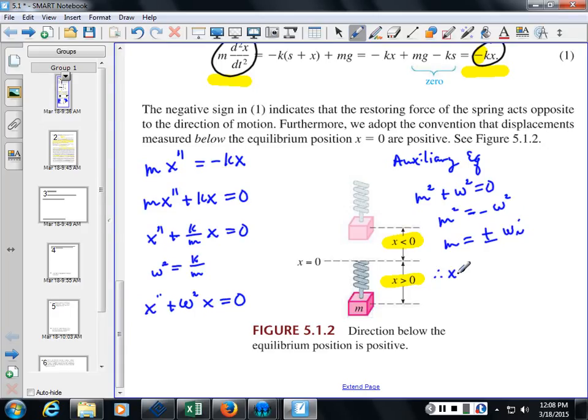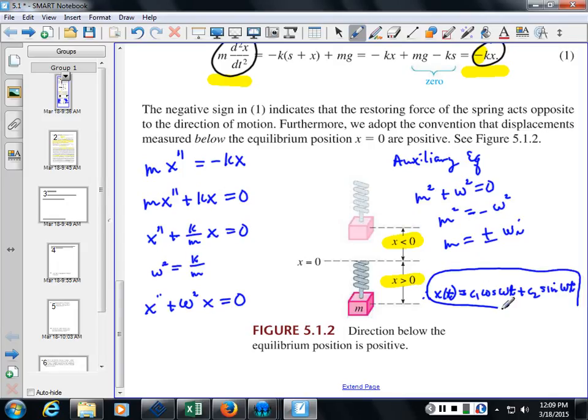So that means x of t is equal to, since this is imaginary, c sub 1 times cosine omega t plus c sub 2 sine omega t.